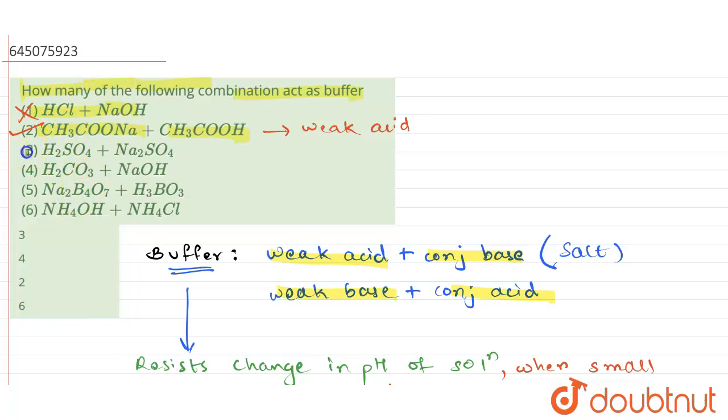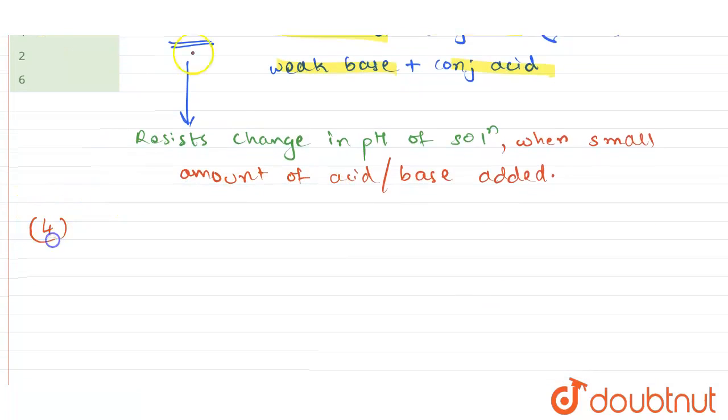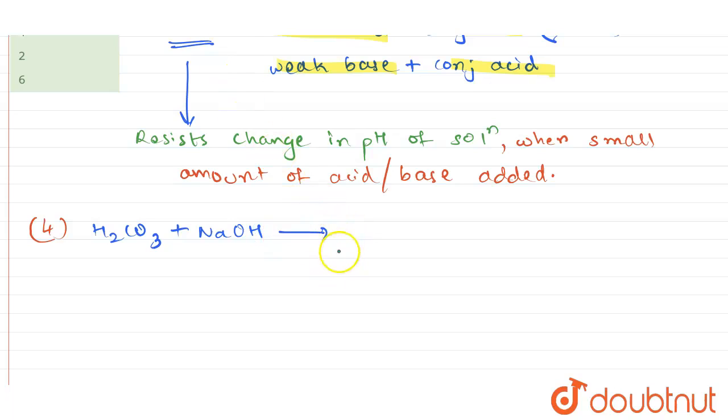Moving forward to the third one, we have H2SO4 plus Na2SO4. Here again we have a strong acid, so the third option is also incorrect. Then we have the fourth one, which is H2CO3 plus NaOH. H2CO3 is a weak acid, and when you do the reaction of H2CO3 and NaOH, we get NaHCO3 formation plus a water molecule.